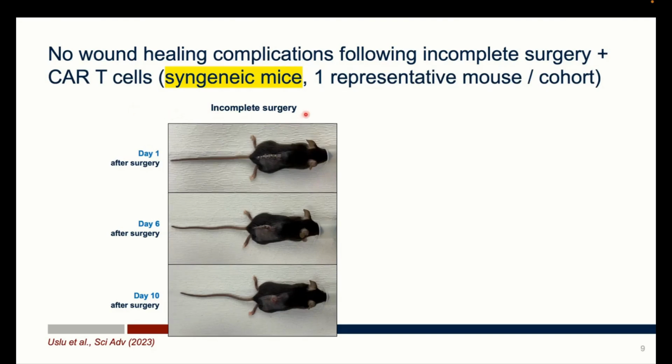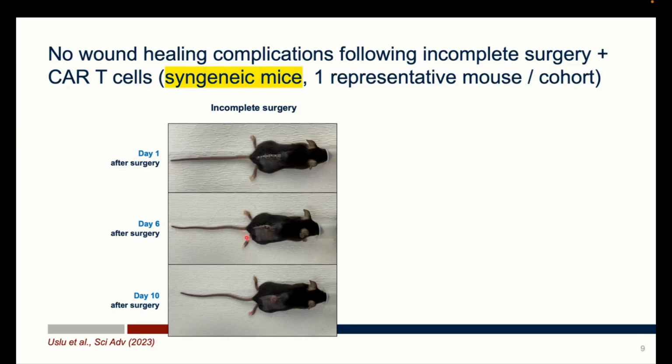And shown here is one representative mouse, which only received the incomplete surgery, the removal of 75% of the tumor at day 1 after surgery. You can see here the surgical clips. So we used clips to close the wound, but we didn't see any redness, swelling, or any signs of wound healing complications.